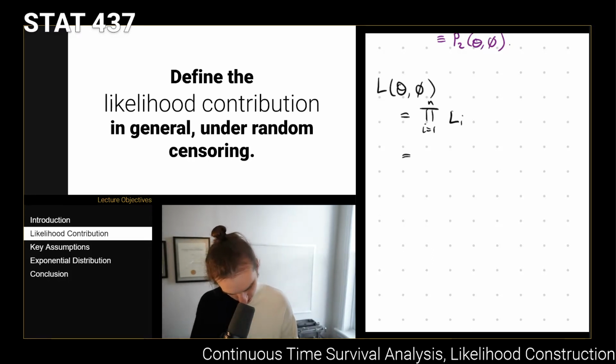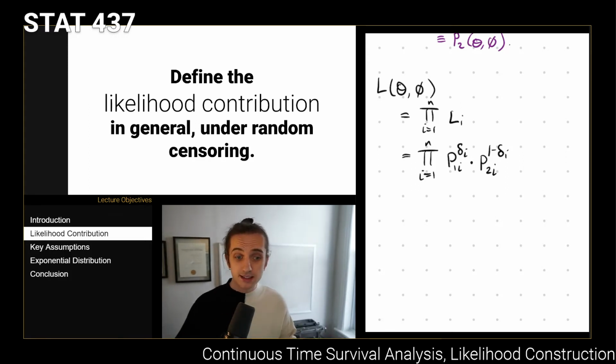And that's going to be this product from i equals 1 to n, and we'll get a contribution of p1i if delta i equals 1, so we can raise that to the power of delta i, times p2i if delta i equals 0, so that's 1 minus delta i. Okay, and so that gives us this complete likelihood expression here.